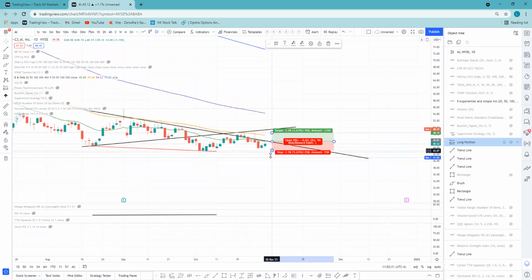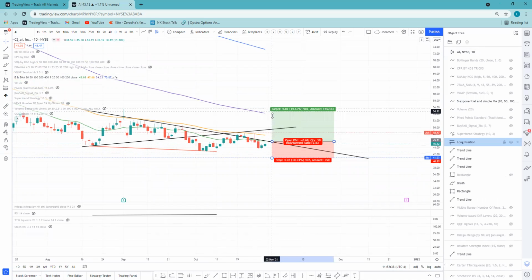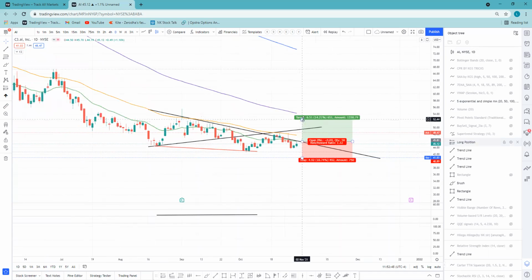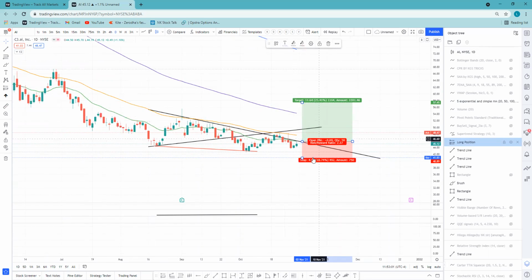If you put your stop loss at 41 here, and my target was here, 52, it's like 1:3. The next resistance for this one is around here, 56. This was probably going to come for the C3I. Otherwise, we'll take the stop loss.